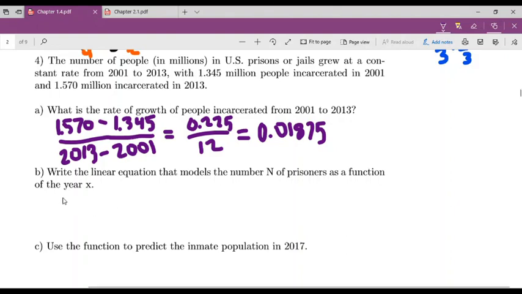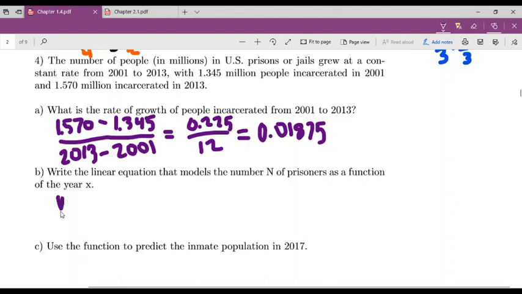So we're going to want it written as y equals mx plus b, which means we'll have to solve for b. Now if we don't really want to mess with that solving for b problem, we can start with point slope and convert that to slope intercept. I think that's what I'm going to try to do here.